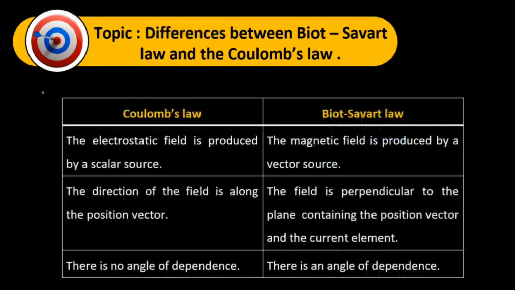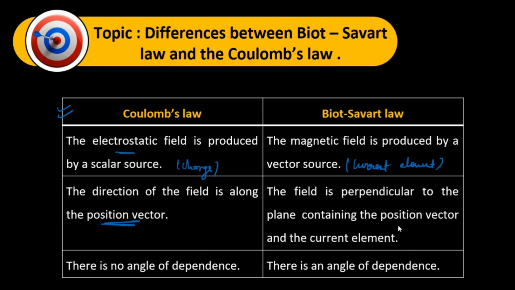These are the differences between Biot-Savart law and Coulomb's law, and you can look at it this way. It is the electrostatic field which is produced by a scalar source, and that scalar source is charge. And here, the magnetic field is produced by a vector source. That vector source is a current carrying element, which is ideal. The direction of field is along the position vector in electrostatic force, but here the direction of field is perpendicular to the plane containing the position vector and current element.